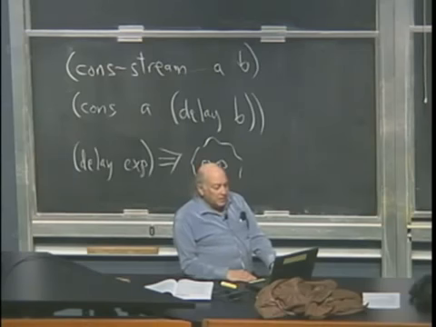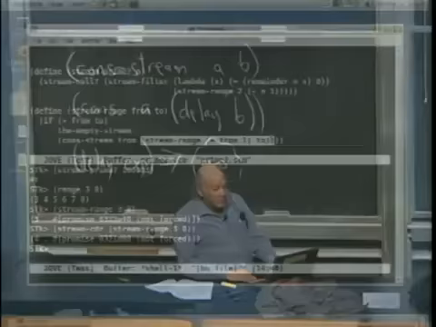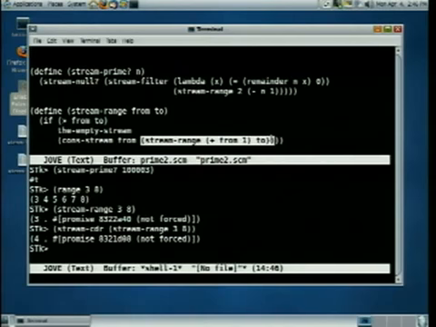This doesn't say stream range 3, 8. It says stream range plus from 1, to. Well, when I force this promise, it can be some completely different world. How do I know what from and to means?